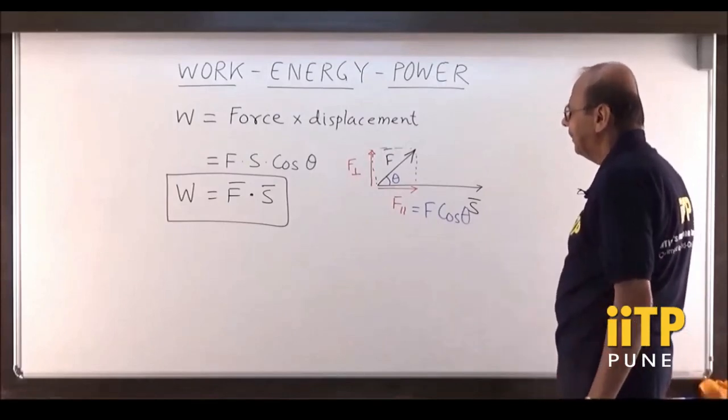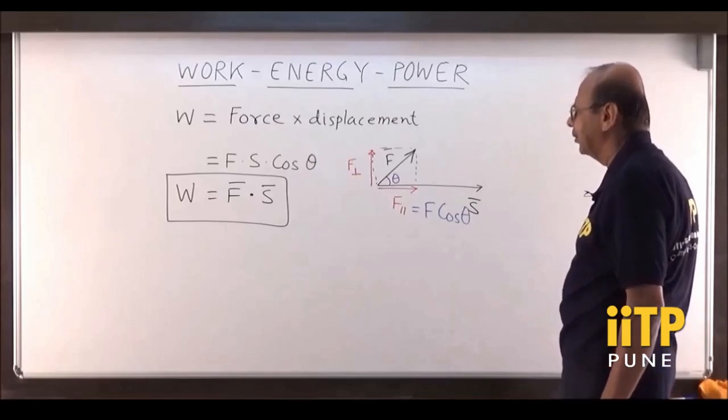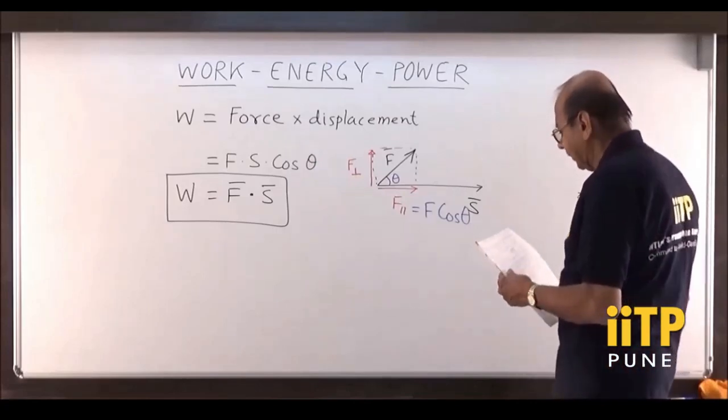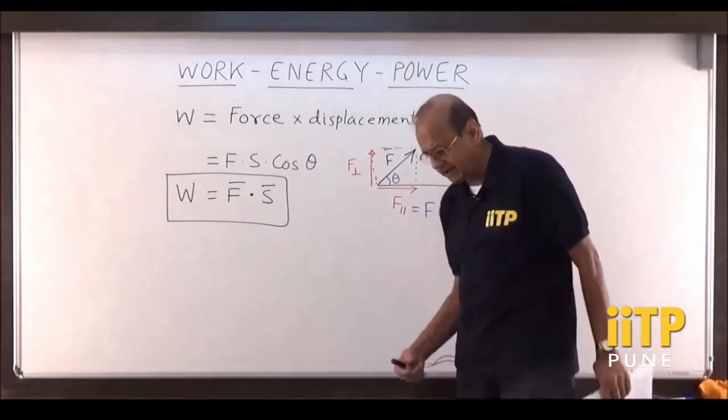F dot S is the scalar product of the two vectors, force vector and displacement vector. So this is a very simple definition of work.